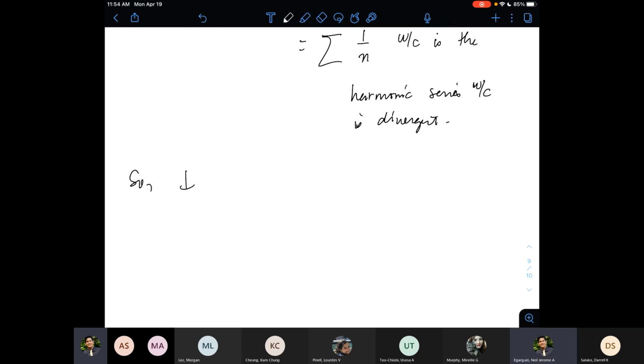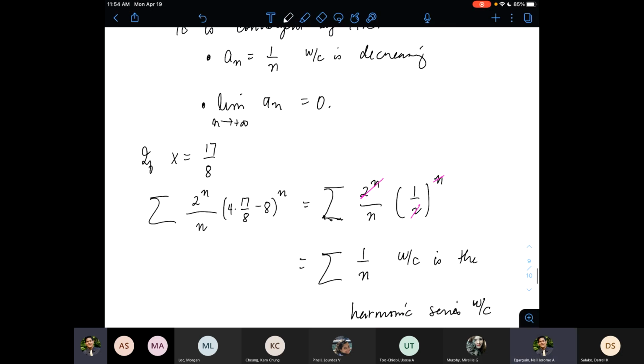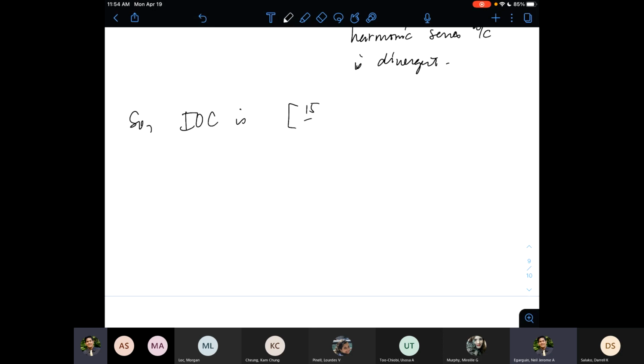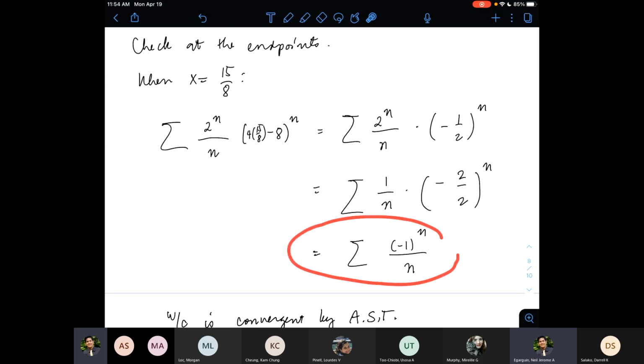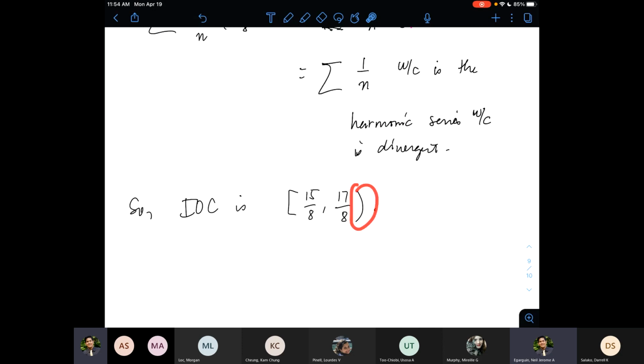So therefore, for this problem, the interval of convergence is the half-closed, half-open interval 15 over 8 to 17 over 8, right? So here I included 15 over 8 by virtue of putting a square bracket there because we have seen that the resulting series at that endpoint is convergent, but I kept a parenthesis for 17 over 8 because there the series will be divergent, since once we substitute x equals 17 over 8, we'll get the harmonic series.